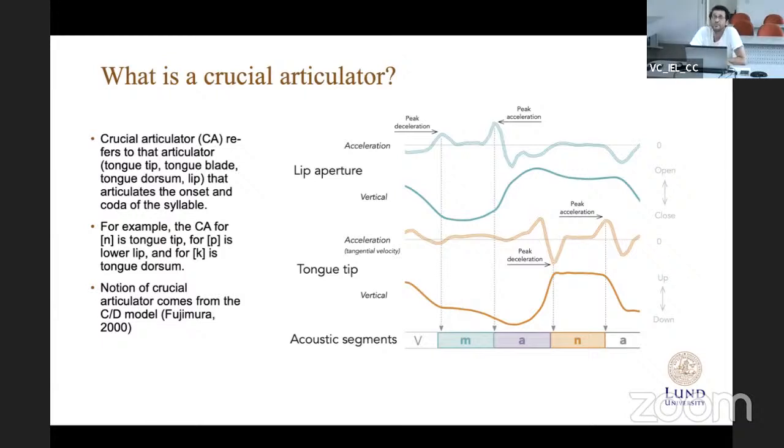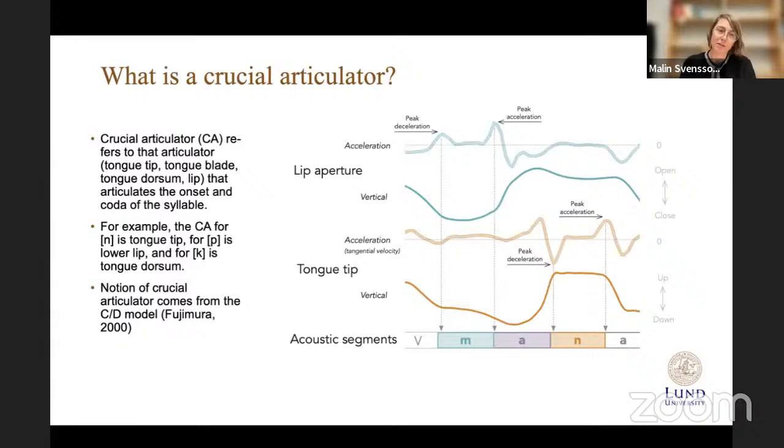But I don't think that the relationship between the segment and the acceleration peaks of the consonants is affected by the lowering of the jaw or the type of vowel.